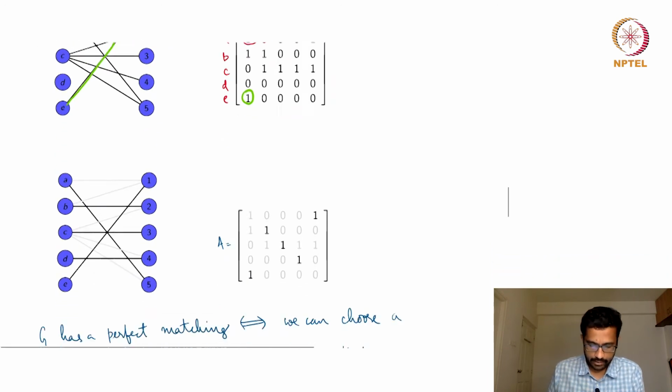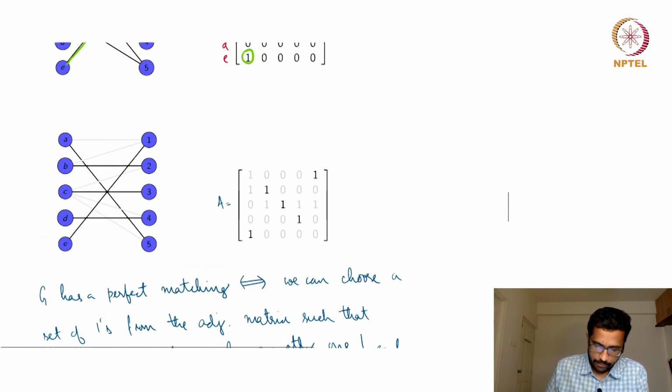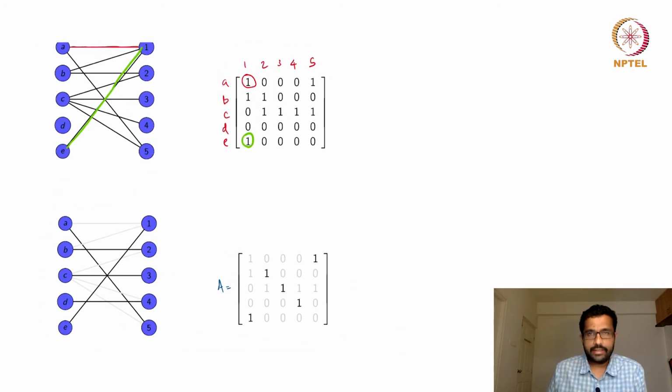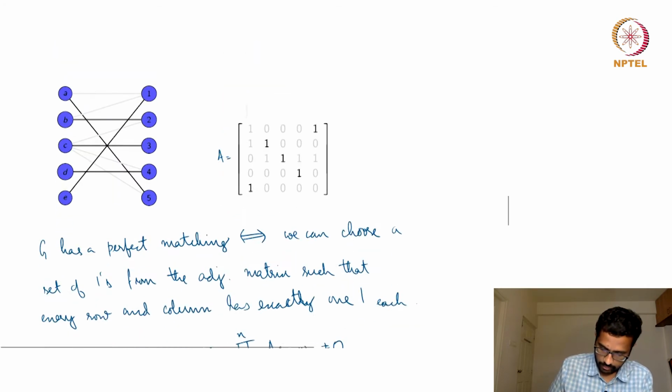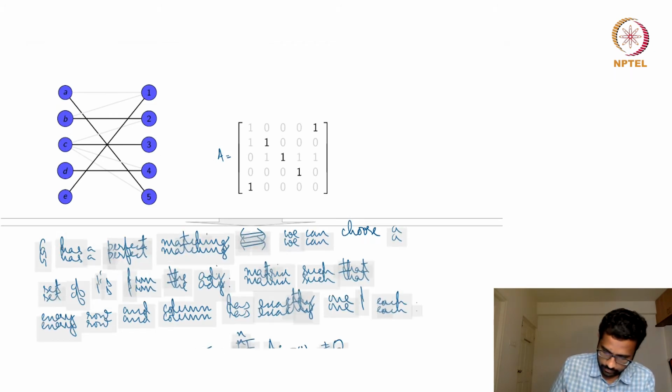So the question is, is there a perfect matching? What is a perfect matching? A perfect matching is a subset of the edges such that each vertex appears exactly once amongst the edges. So maybe I will just write that down also.